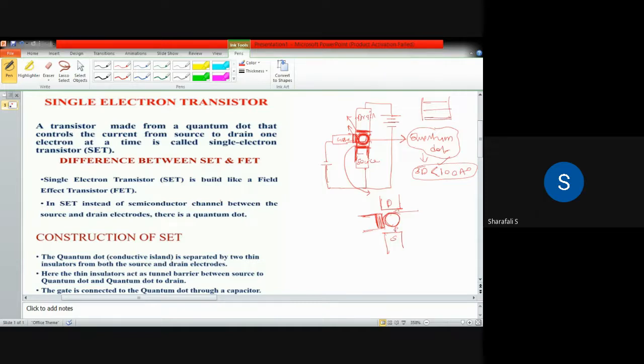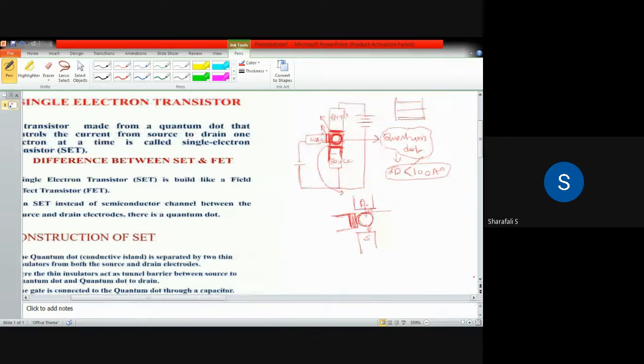This gap is very small and we can have some kind of quantum mechanical tunneling happening between the drain and quantum dot, which you might have studied in quantum mechanics. If you have some barrier like this, and a particle which does not have enough energy to overcome this potential barrier, then it will tunnel through this barrier and can be found at the other side of the barrier.